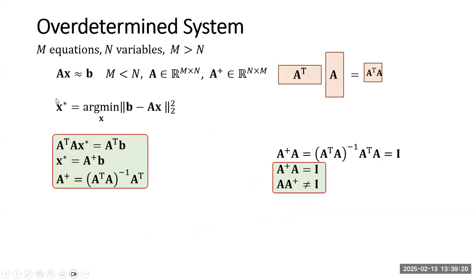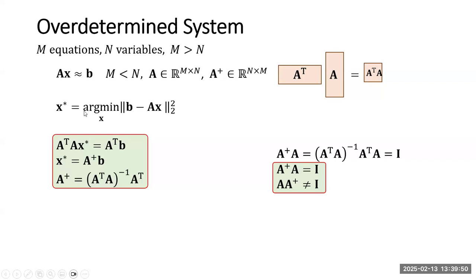So this is what we are in fact doing. We want to solve this where m is greater than n. And so this is how we formulate our problem. We want to minimize the sum squared error, which is the same thing as R transpose R, where R is the vector of errors.